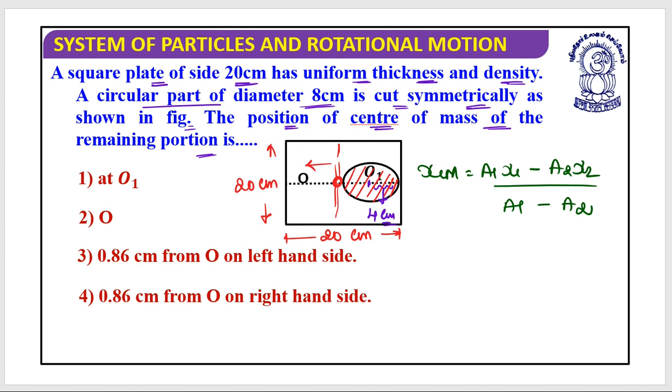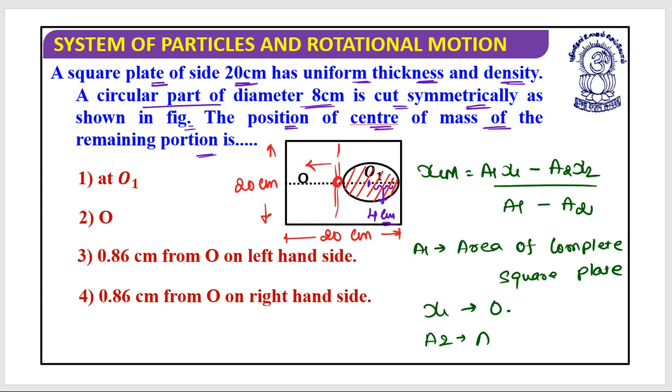minus a2. So from that, what you need to do: area 1 is the area of the complete square plate, x1 would be considered as 0, area 2 is the area of the removed part, and x2 is the distance from O to the center of mass of the removed part.